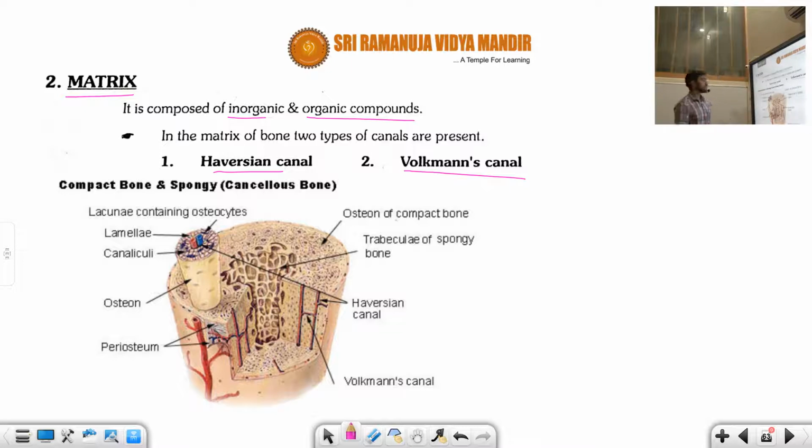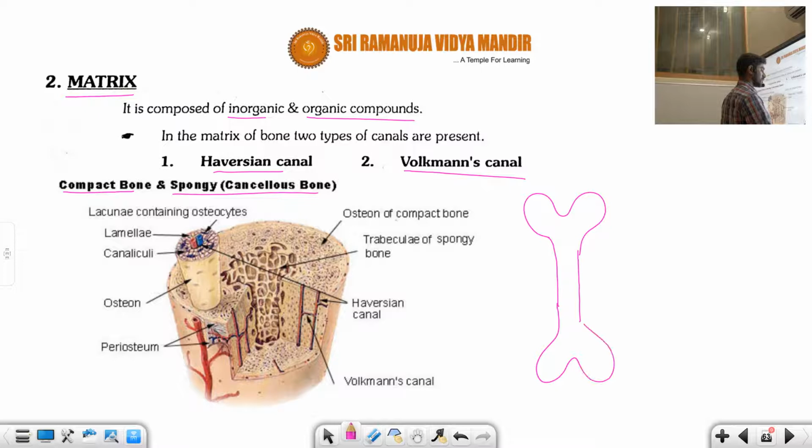If you observe, there is compact bone and spongy bony structure. Suppose I am drawing this structure. This is the compact bone. Now carefully see, students.